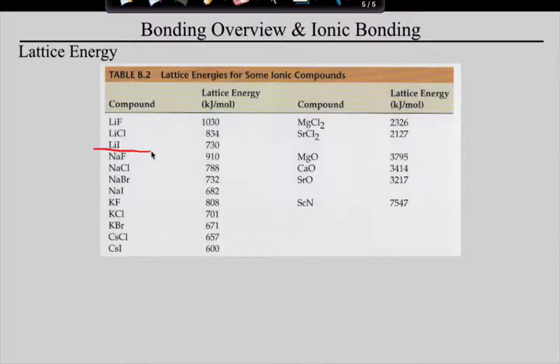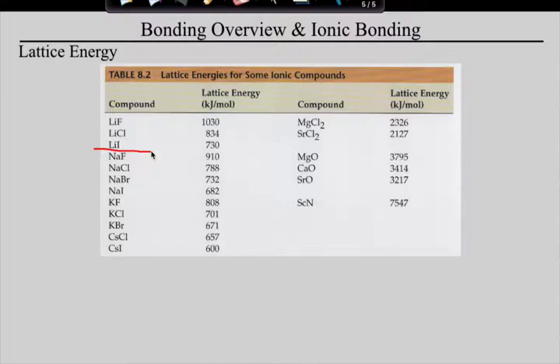For example, you'll notice here, we've got lithium, lithium, lithium. The lithium atom is the constant. But then we've got fluorine, chlorine, and iodine. Guys, notice these are in order. Fluorine, chlorine, iodine. And as we go down, what happens to their size? They get bigger. And as they get bigger, it means their nuclei, these charged particles, are more distant. And as they get more distant, what happens to their attraction?